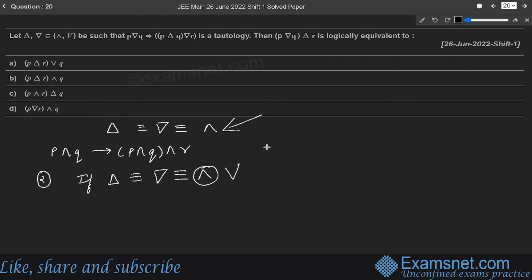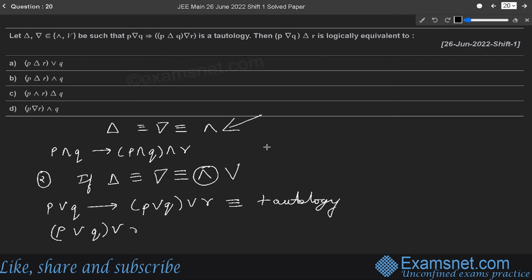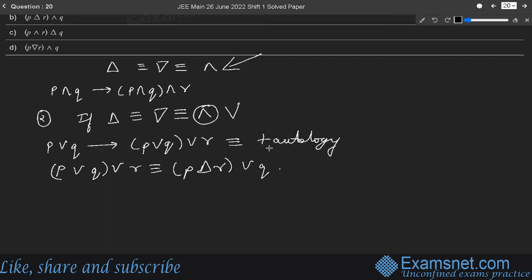Now, in this case, P union Q can be written as P union Q union R. Now, this is equivalent to a tautology. Then we can say that P union Q union R is equivalent to P delta R union Q. Now, this was case second. It is a successful tautology.